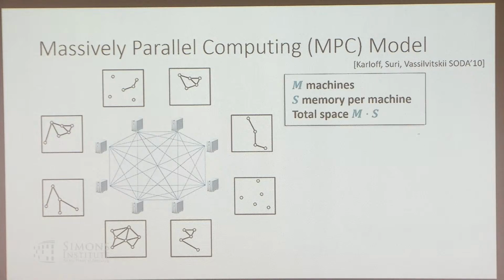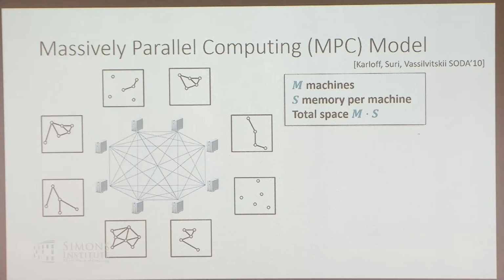And then the parameters to keep in mind is that we have some M machines, and all of them have this S memory per machine. And here the key thing to keep in mind is that the machines can never hold more than S words of memory, which then means that this is the bound of how much they can communicate.